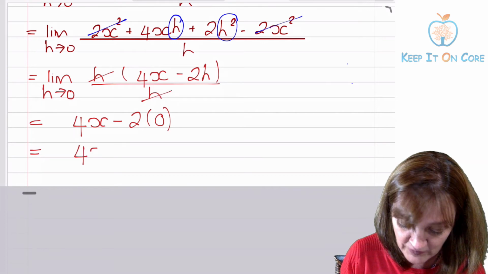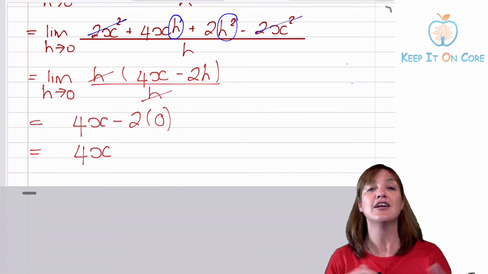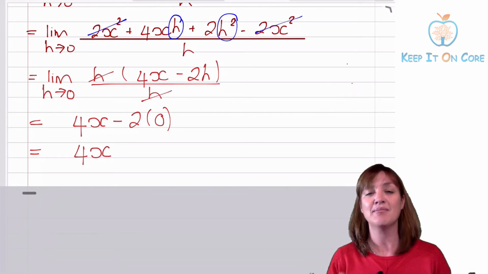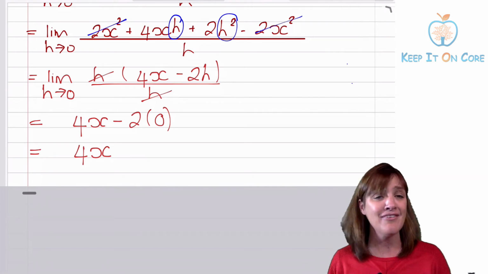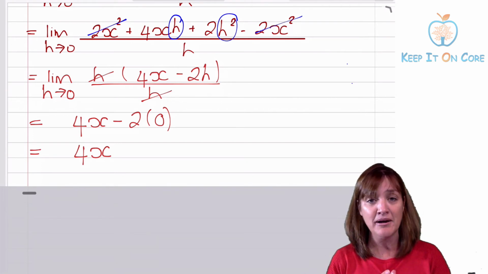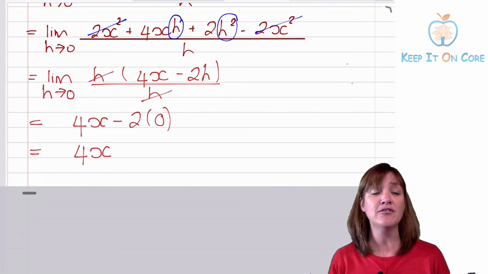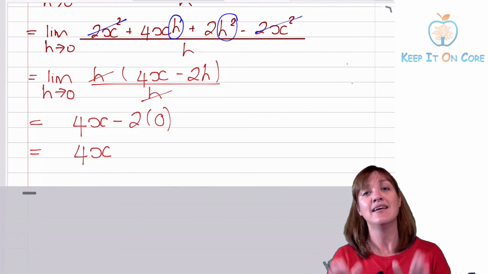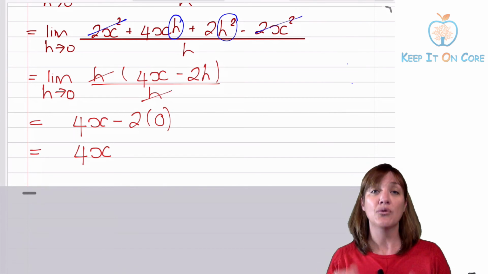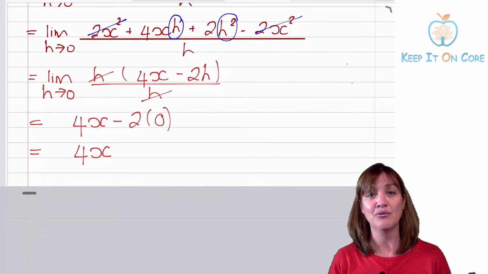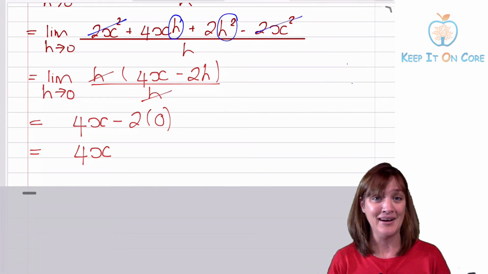And we get 4x. Now remember, I said to you in the beginning, you're going to land up with a limit that's in terms of x. That's fine. Okay, no worries. Don't stress about that. That's just your solution. So as your value of h tends towards 0 of that particular function, the y value tended towards 4x, and that was your limit. All right.